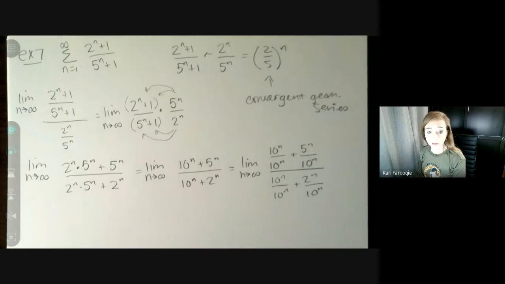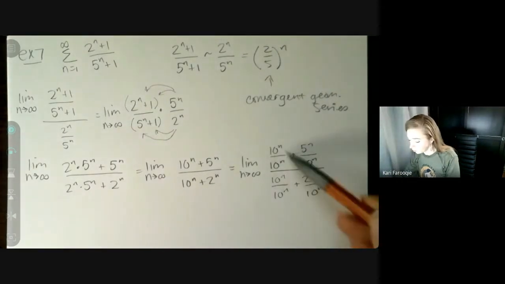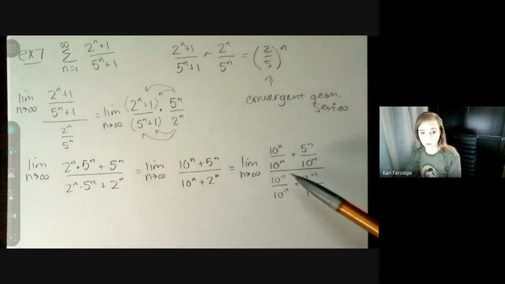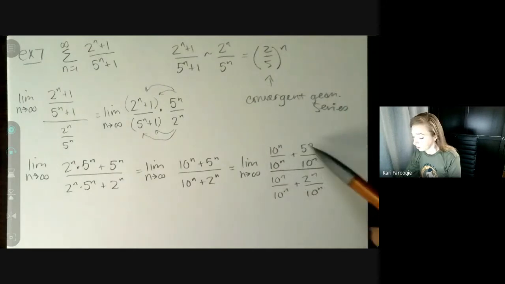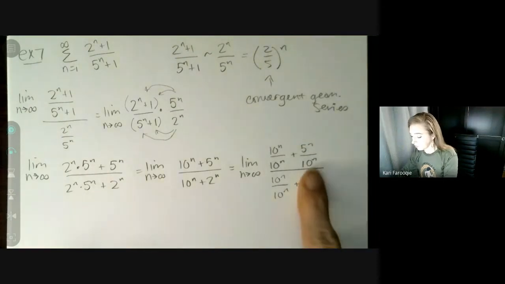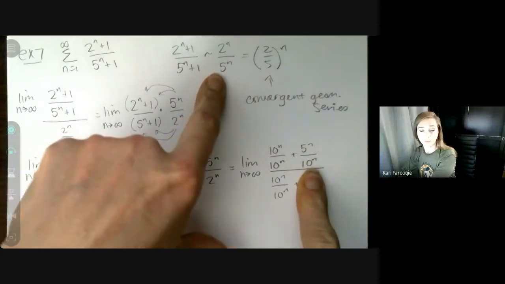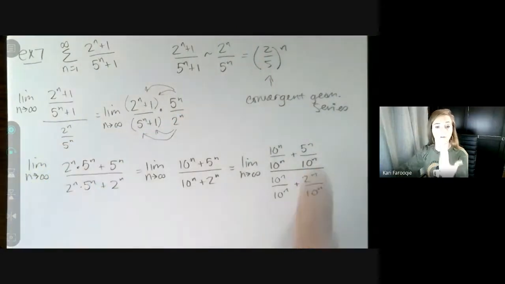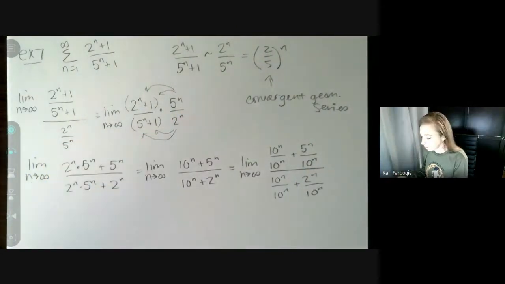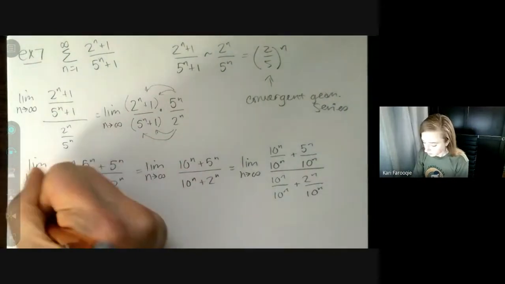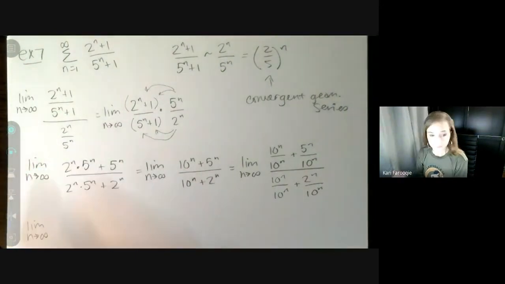Now, the nice thing here is that when we do that, you can see that 10 to the n over 10 to the n is going to give you 1. And then over here for 5 to the n over 10 to the n, we can do the same thing that we did up top, where we just say that we have some quantity to the nth power by simplifying that out.